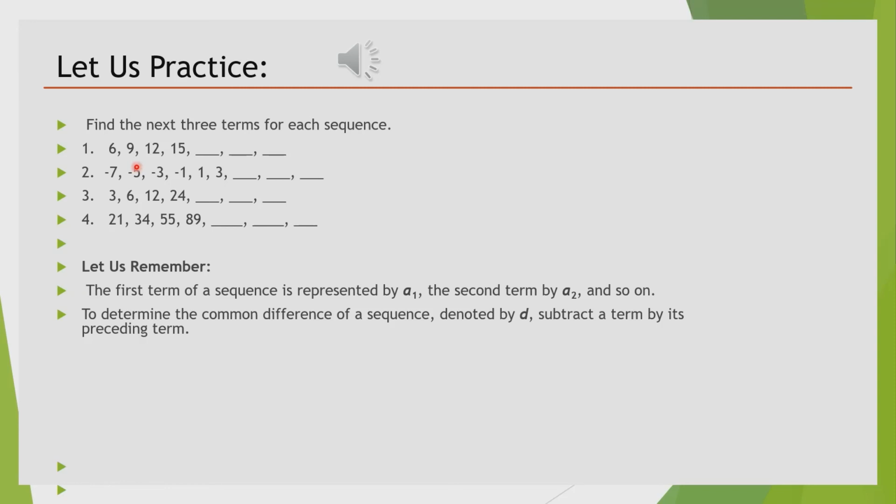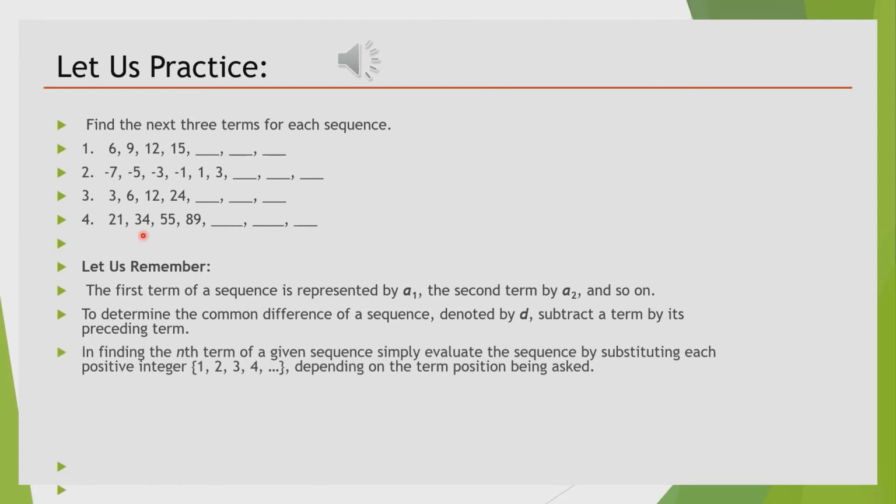For example, 9 minus 6, so you have 3. 12 minus 9 is what? 3. Okay. Next, in finding the nth term of the given sequence, simply evaluate the sequence by substituting each positive integer 1, 2, 3, 4, and so on, depending on the term position being asked.